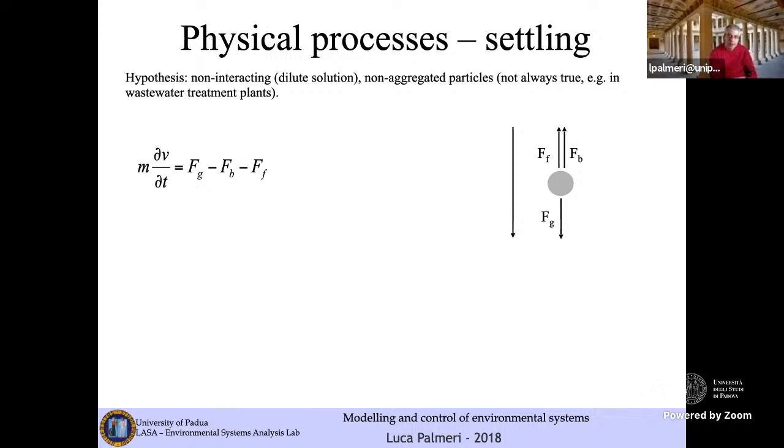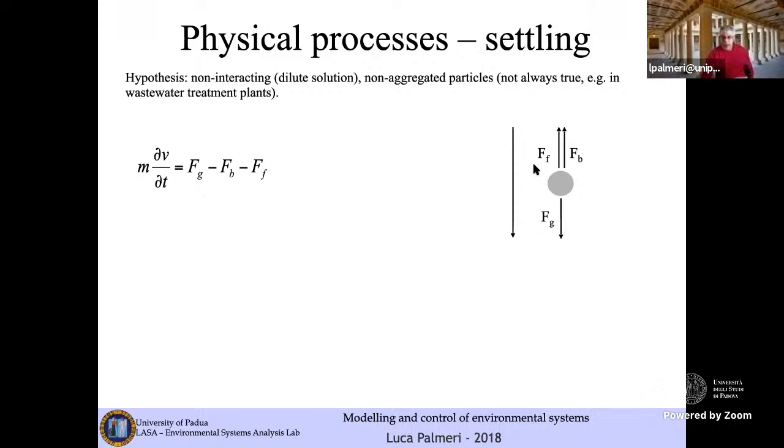How do we describe a settling process? We start from a very general Newton law, in which we say that the mass times the acceleration of a particle is equal to the resultant of the forces applied to the particle. This is the second Newton law, F equals m times a.